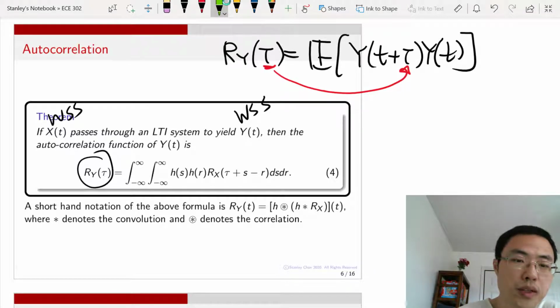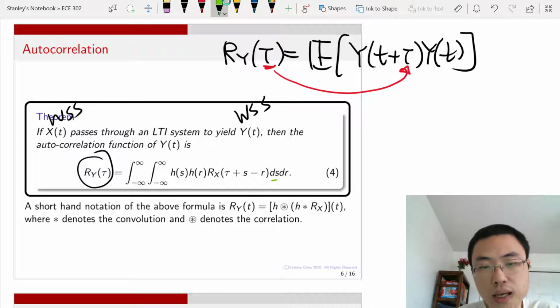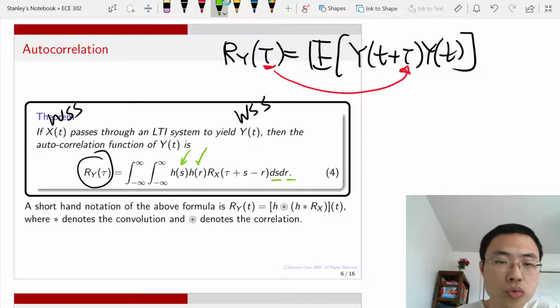The theorem here gives us an expression. Although the expression is complicated, we can sort of understand what's going on. The expression includes a double integration in S and R. The dummy variables S and R are defined according to the two copies of the impulse response.